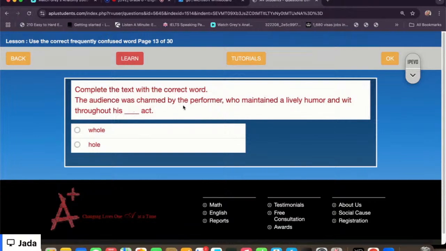The audience was charmed by the performer, who maintained a lively humor and wit throughout his whole act. Which of them?